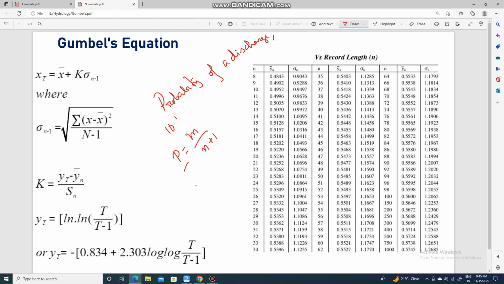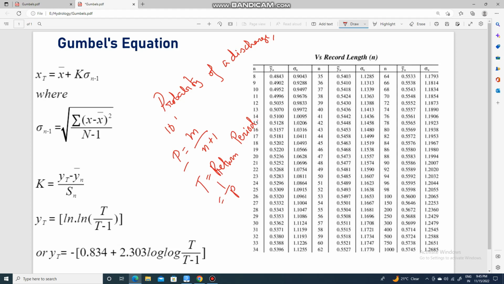So this t is actually, as you know, the return period of the events. What is t? T is actually 1 by p.